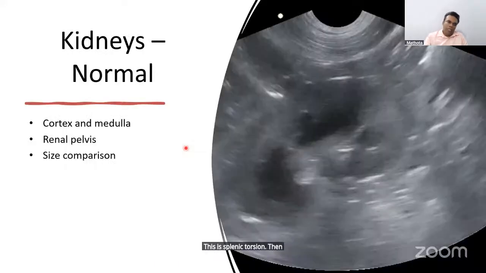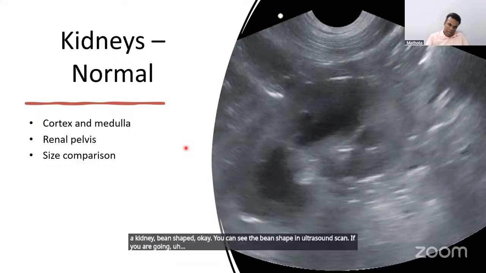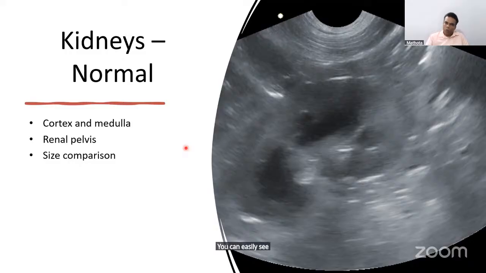Then we come to kidneys. The kidney is a bean-shaped organ. You can see the bean shape in the ultrasound scan. If you are going from the lateral side, you can easily see this bean-shaped organ. Kidneys should be symmetric.